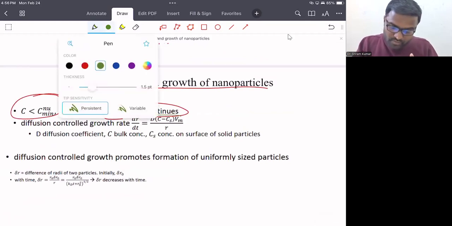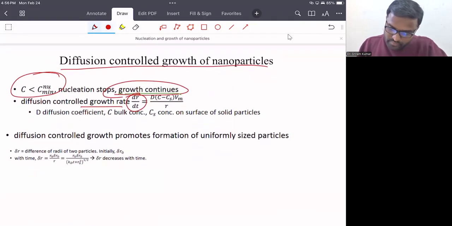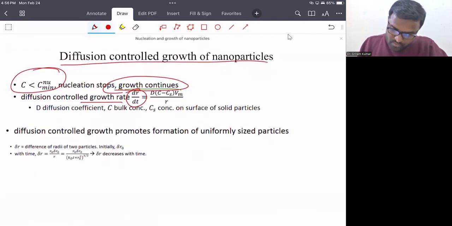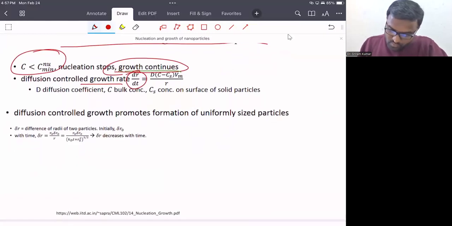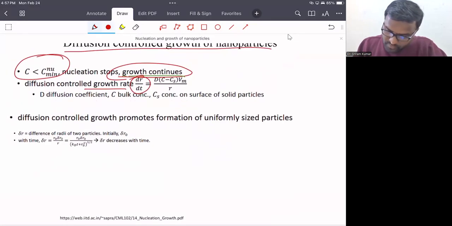If you want to understand the growth process and the growth rate control, we can use Fick's law of diffusion. From Fick's law we have dr/dt equals D (C minus Cs) Vm by r.